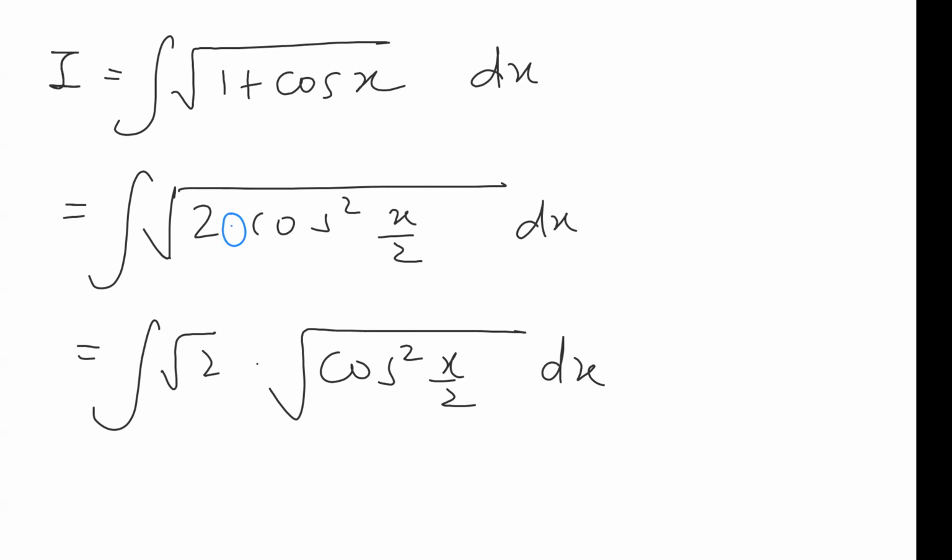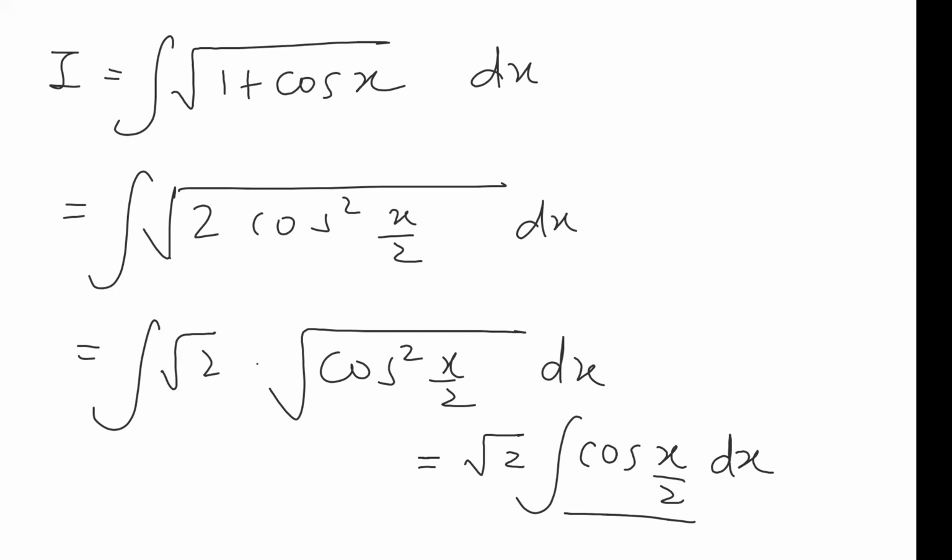It's not visible, but it has to be multiplication. So this is equal to root 2 goes outside, and this will be integration of cos x by 2 dx. Now the further part I am not solving because I'm very sure by this time you people will be able to do it.